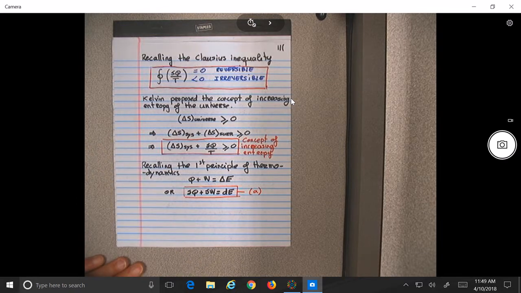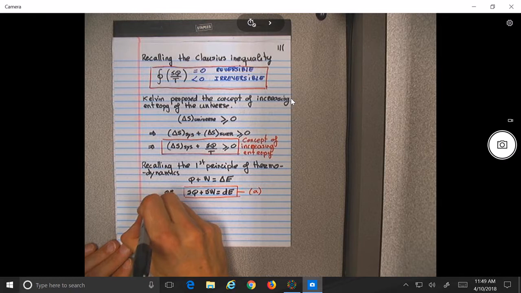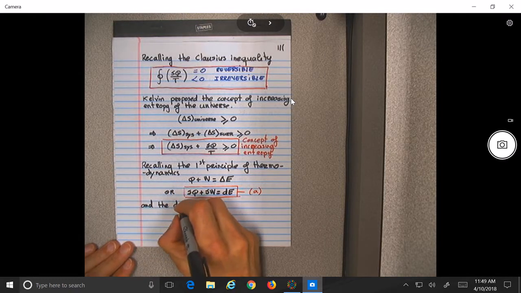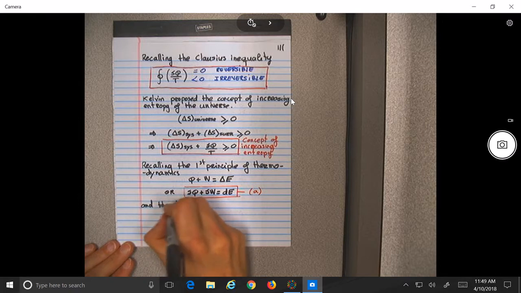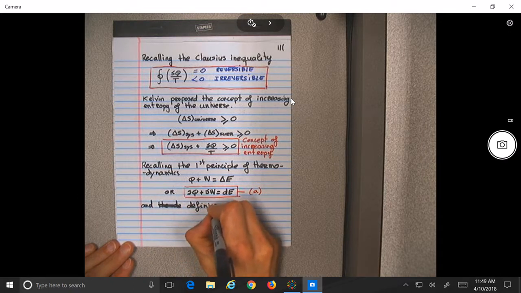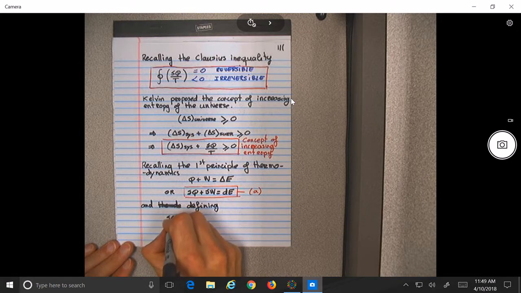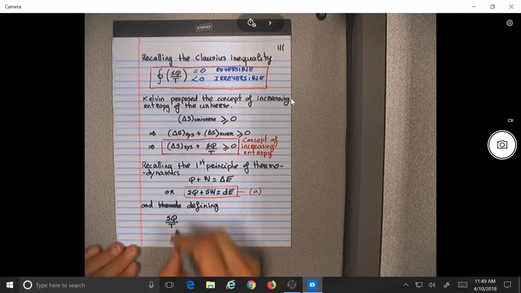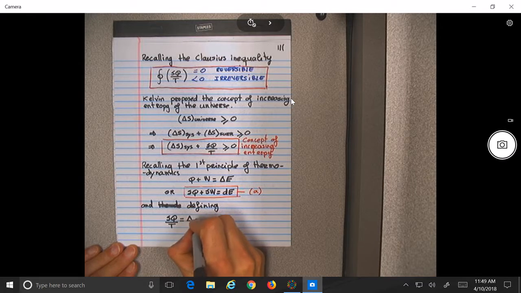So recalling the first principle of thermodynamics and defining, because we haven't done it, delta Q over T is going to be equal to the change in entropy.